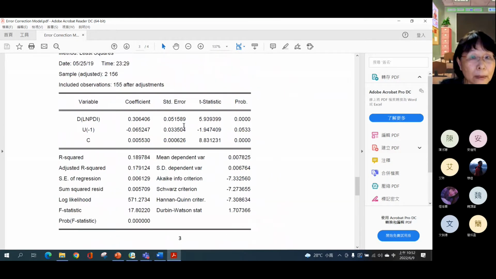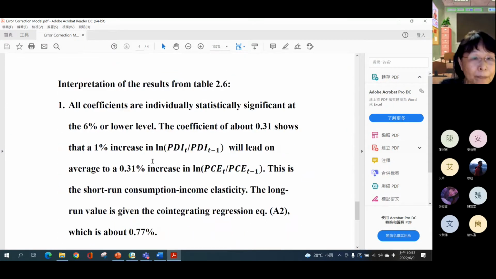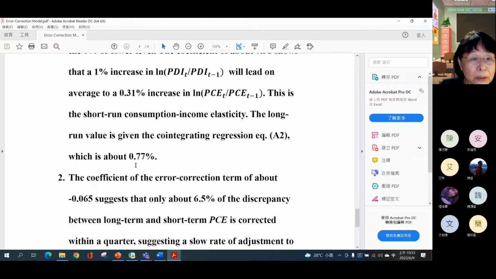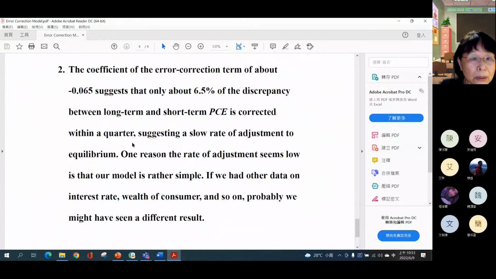And we know that it is also significant at the 10% level. Okay, not very, very significant, not very small like 1% or 5%. And this, within a quarter, suggests a slow rate of adjustment to equilibrium.